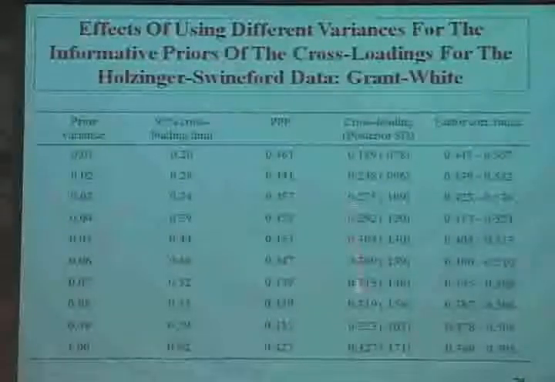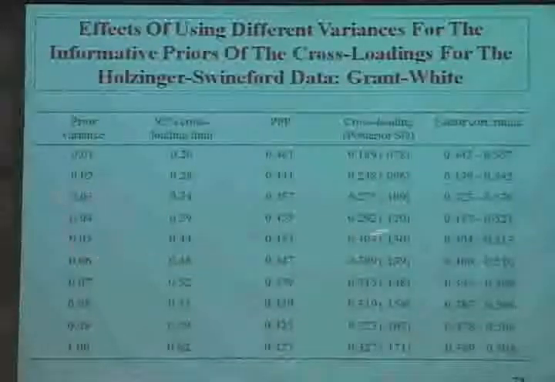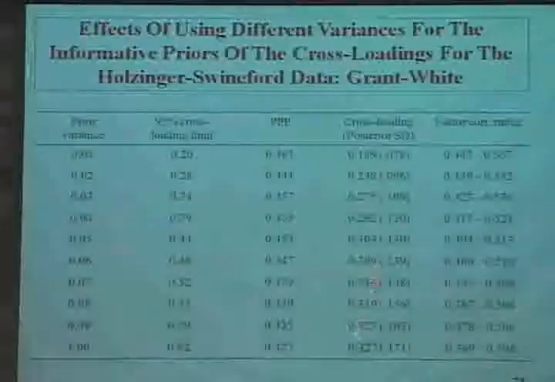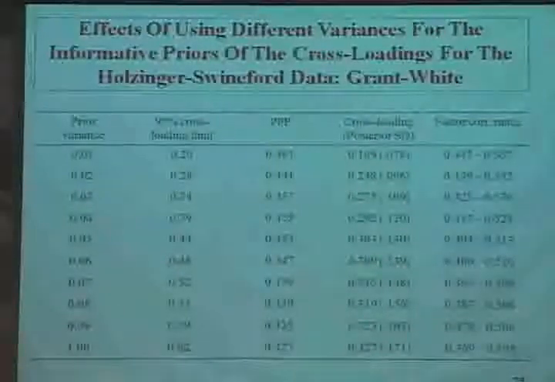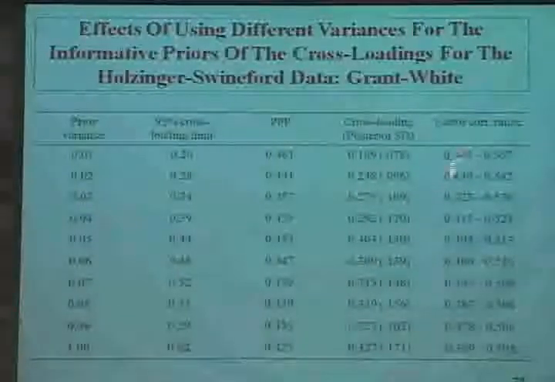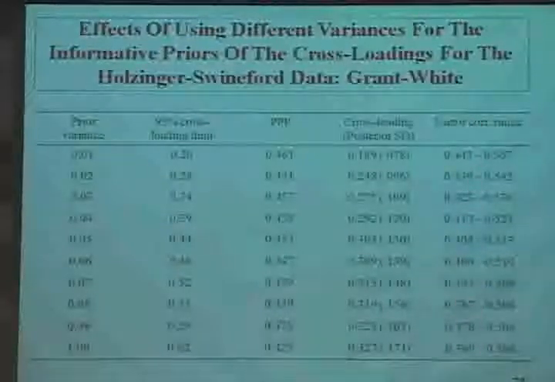It increases a little bit. Here's the standard error. When you get a more relaxed prior, the standard error goes up. But it's significant in all of these cases. If you look at the factor correlation range, it also remains largely the same. Substantively, you wouldn't draw any different conclusions.